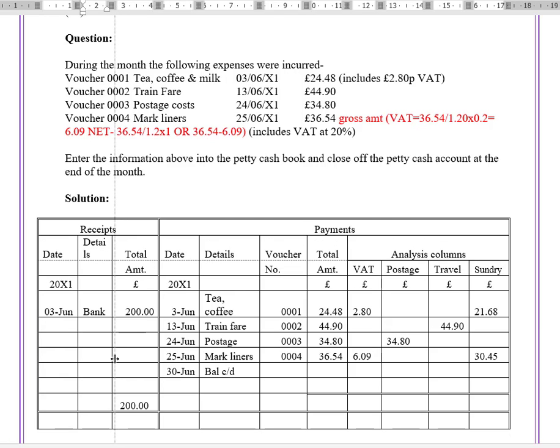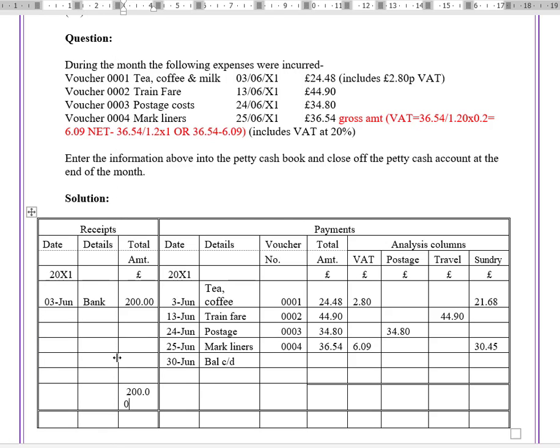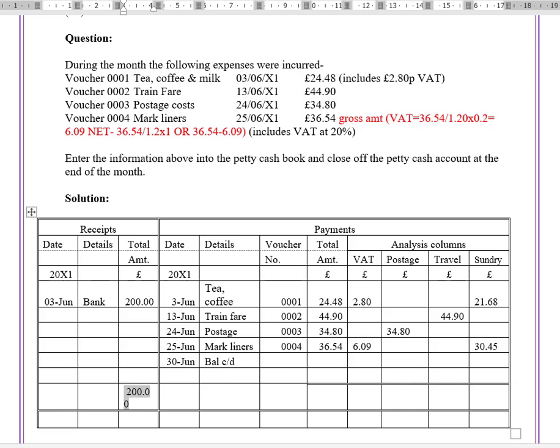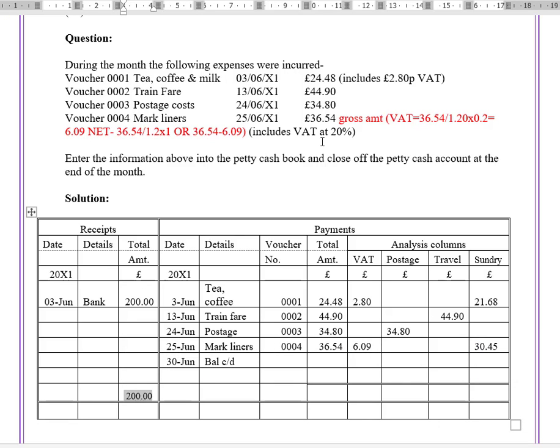and the credit side, which literally tells me the total has to be £200 at that bottom as well. The credit side has to add up to £200 as well.